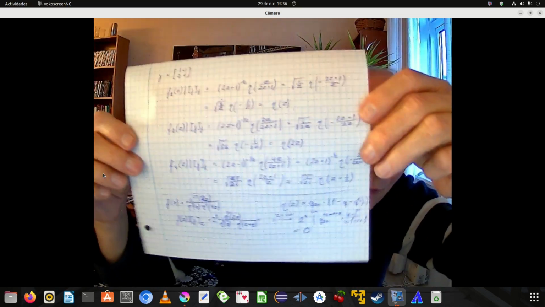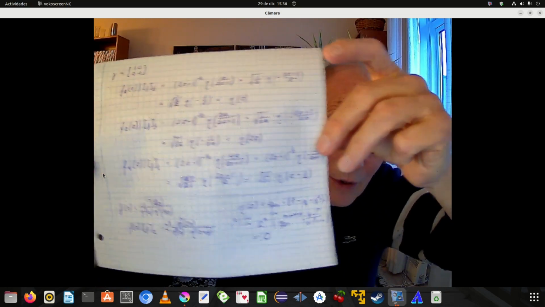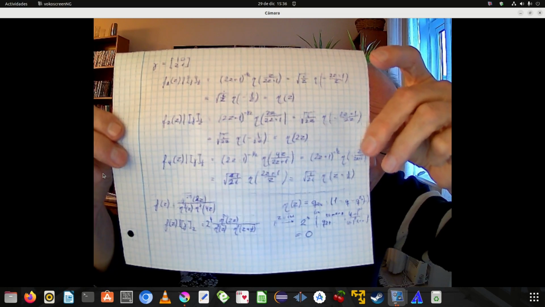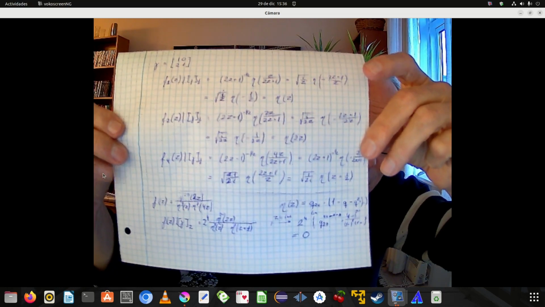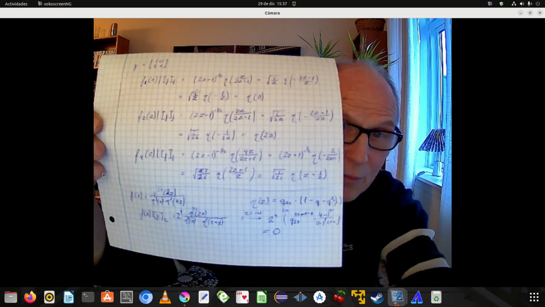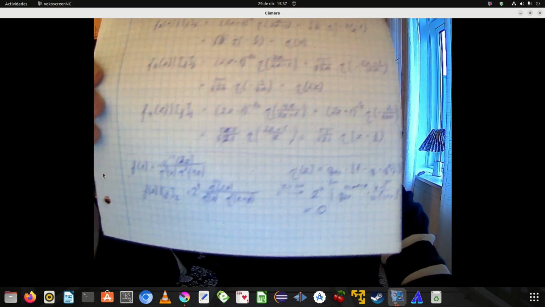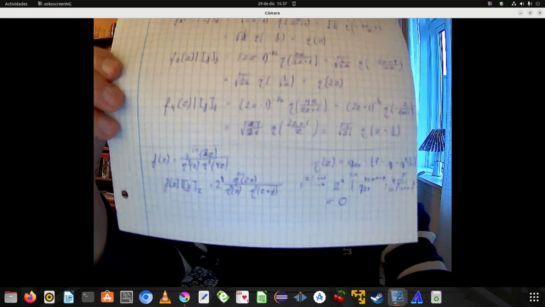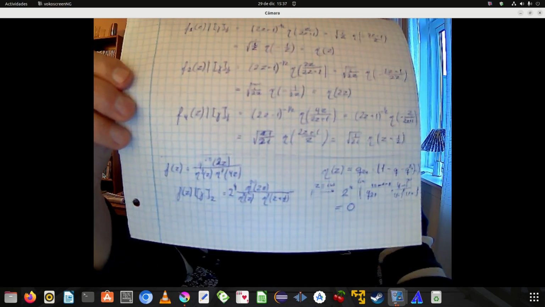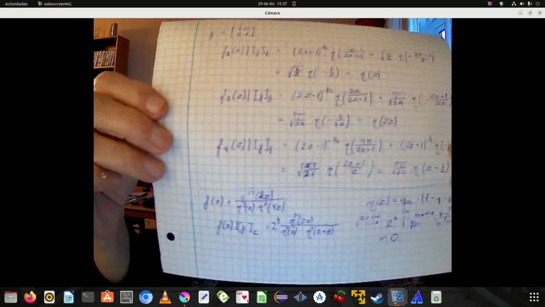And then the value at the cusp 1/2, and you can see at the end I evaluate the power of Q there, which turns out to be 1, so the value at infinity is 0, or the value at 1/2 is 0.